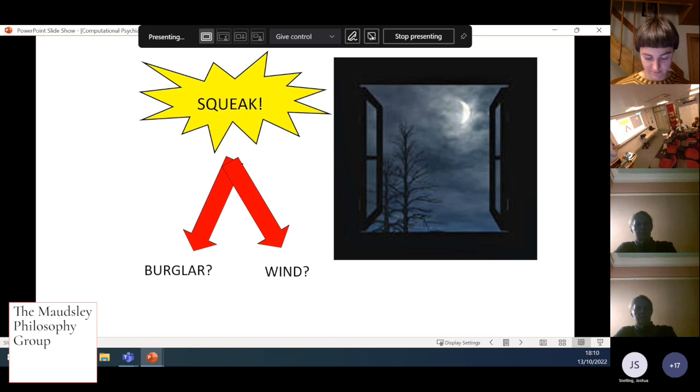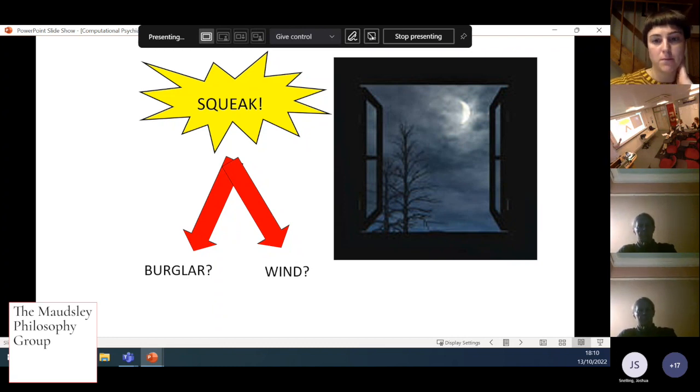So just to use an example, imagine you are upstairs in your house and you hear a downstairs window squeak. Suppose for simplicity that there are two hypotheses that present themselves: burglar or wind. Now, both the burglar and the wind hypothesis have an adequate fit, right?